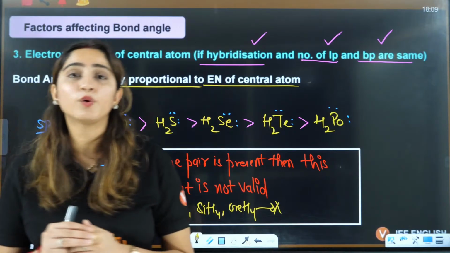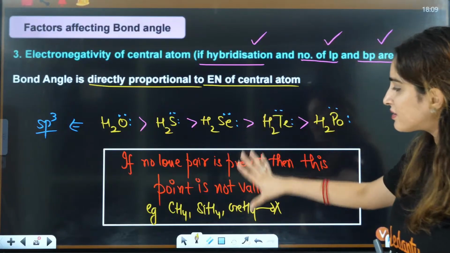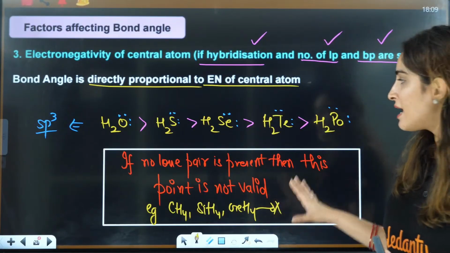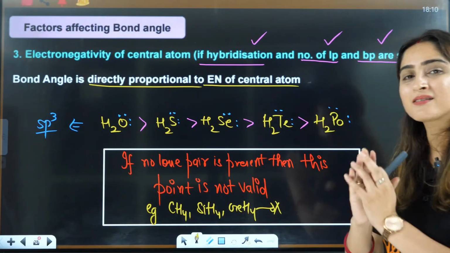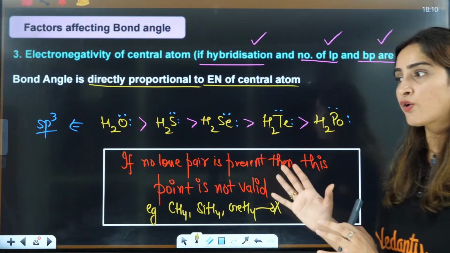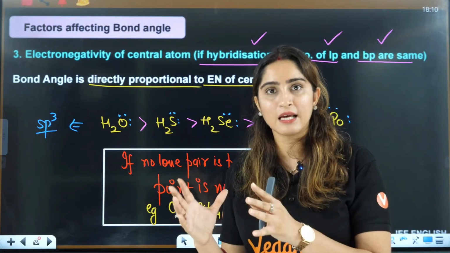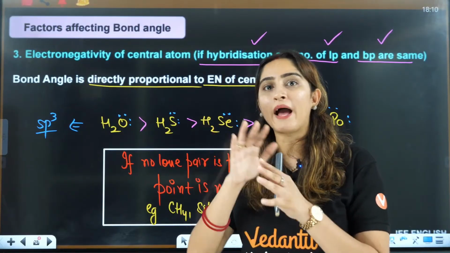Don't confuse so many things, okay? This is a method of doing that. I am not saying let's do this from Drago's rule. That's an entirely different concept to show you something else, to show you how angles actually vary, how down the group angles are decreasing.